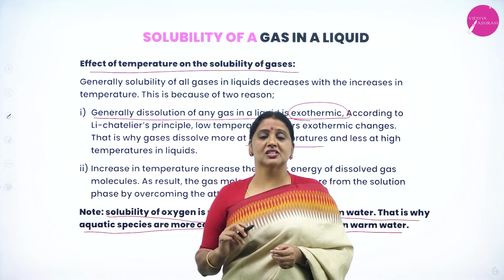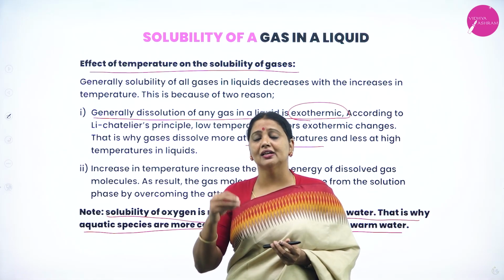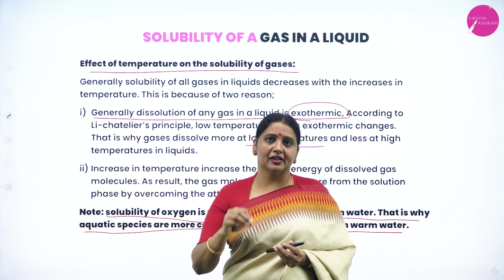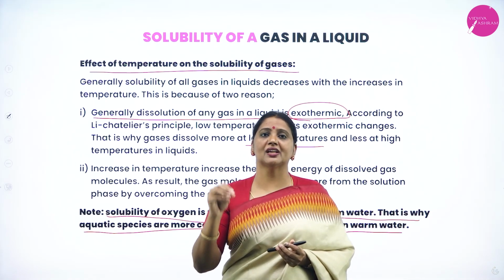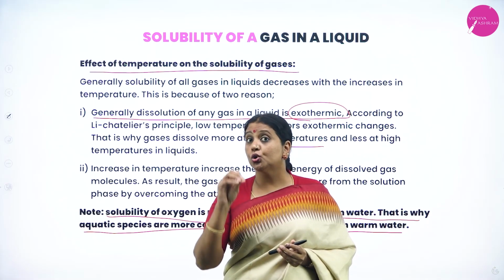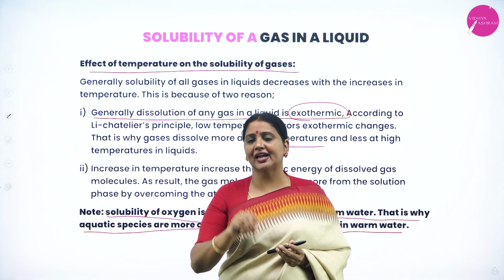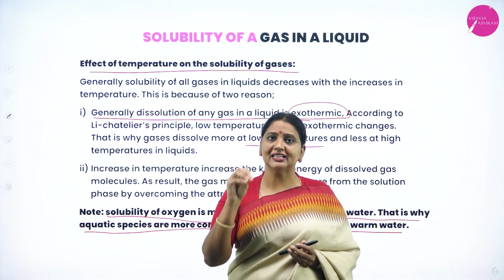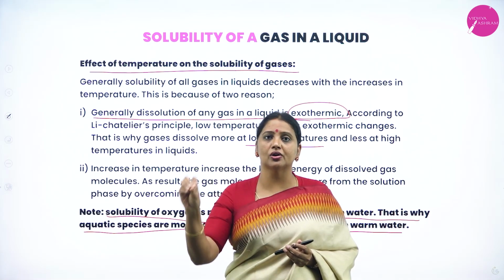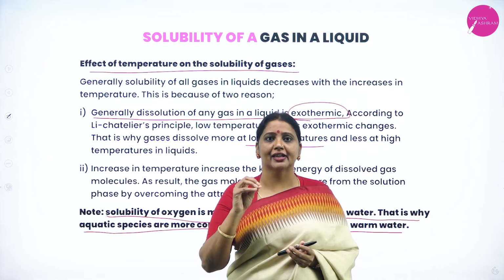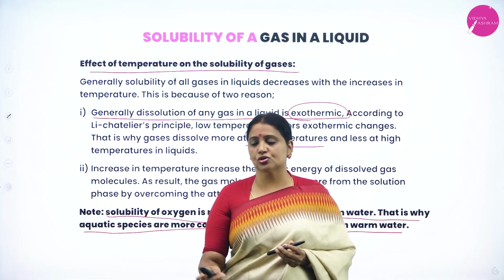So what's the effect of temperature on solubility of gas in liquid? It is favored at low temperature, because dissolution of any gas, whether polar or non-polar, is exothermic, meaning there is a liberation of heat.